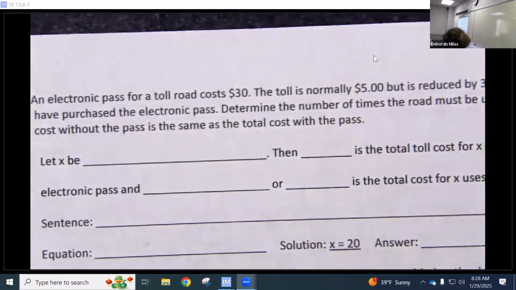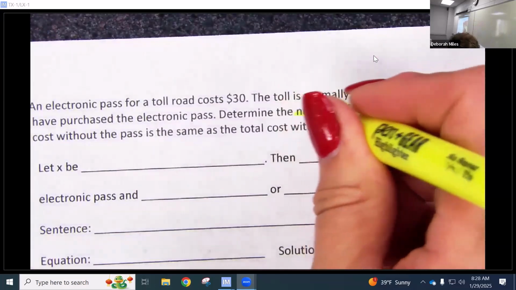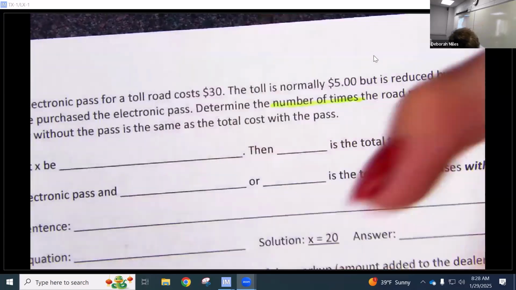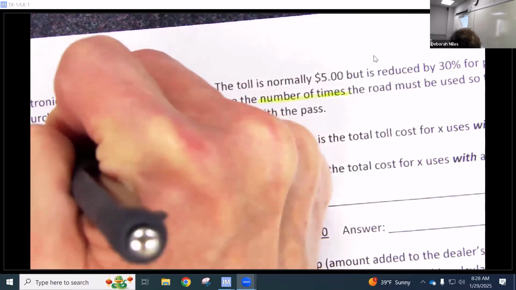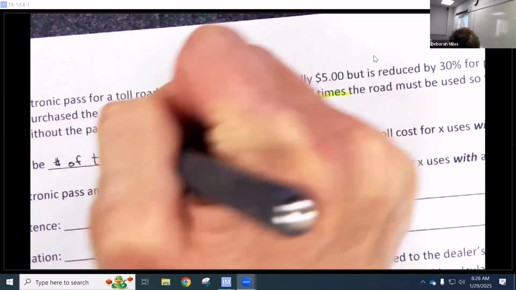All right, what do you think we should let X be? That's what we're looking for. This jumps out at me right here. We're looking for the number of times, so let X be number of times on road.